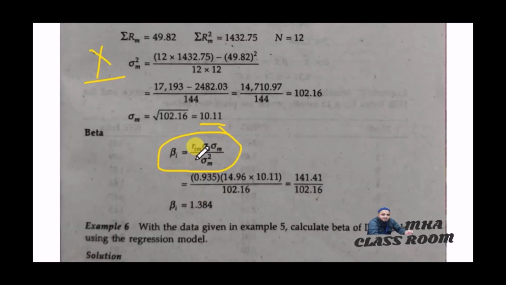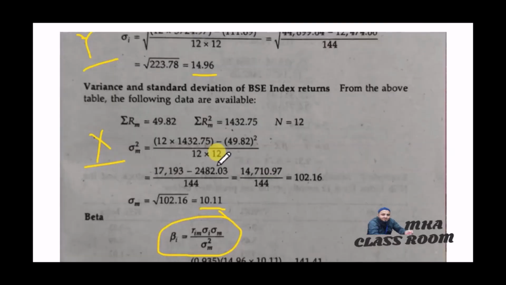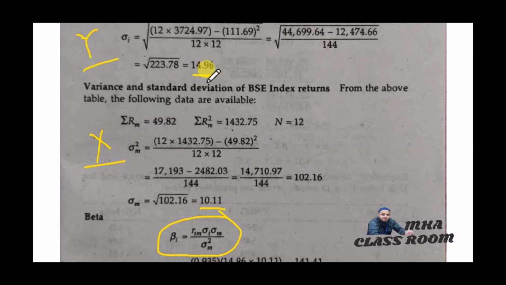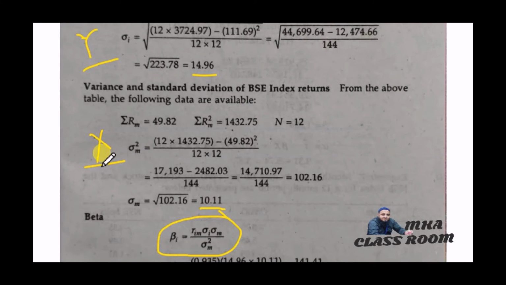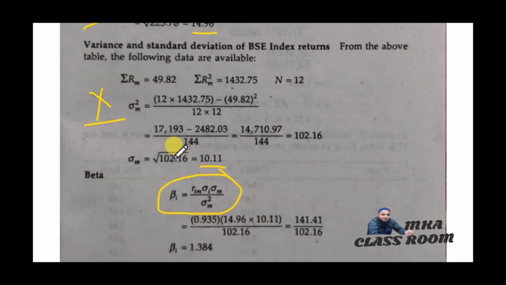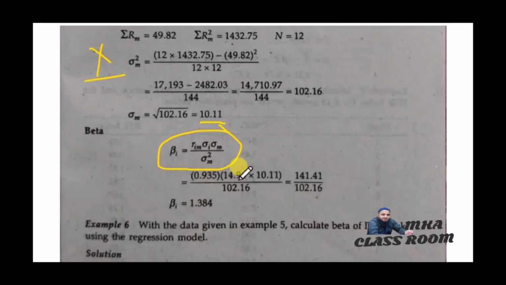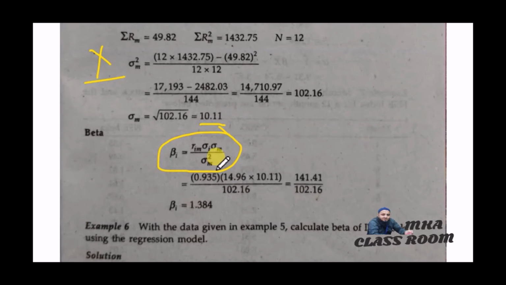So our correlation is 0.935, our dependent variable's standard deviation is 14.96, that is y 14.96, and independent variable x 10.11, and here x whole square, that means 10.11 whole square 102.16.